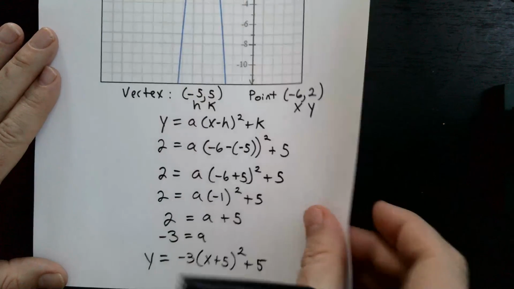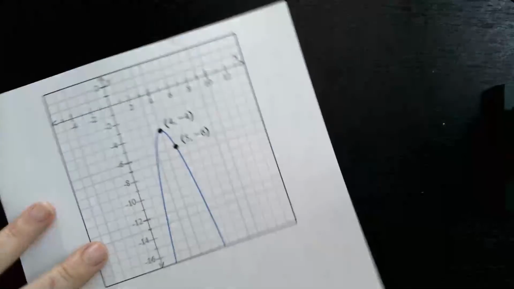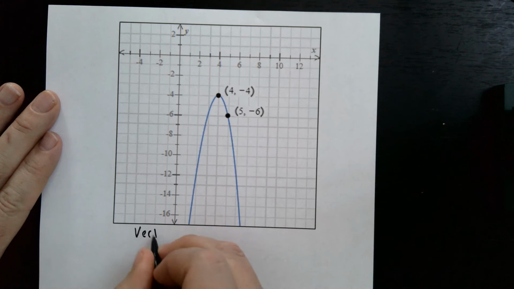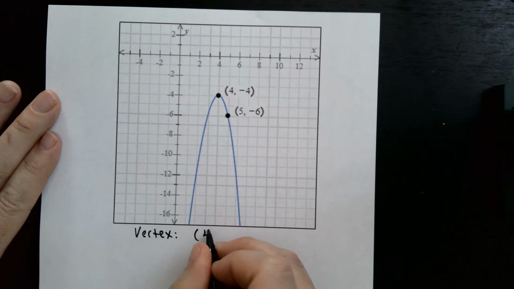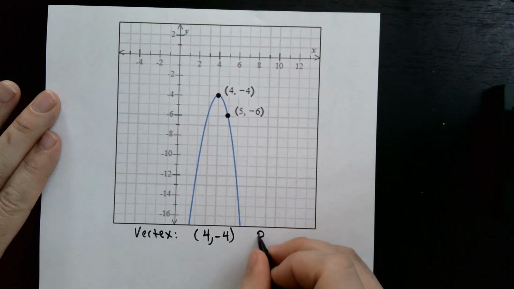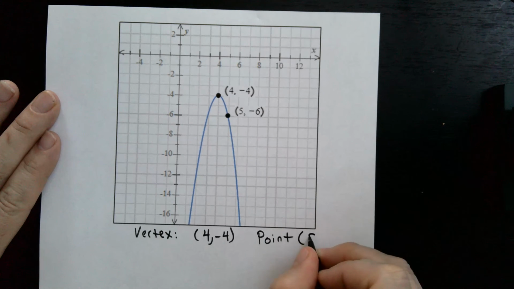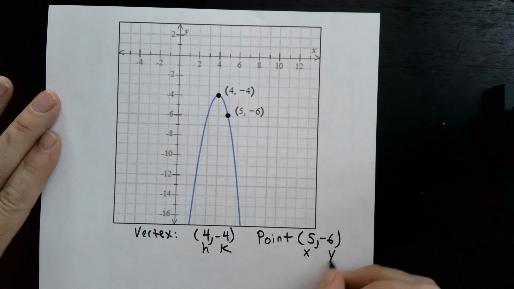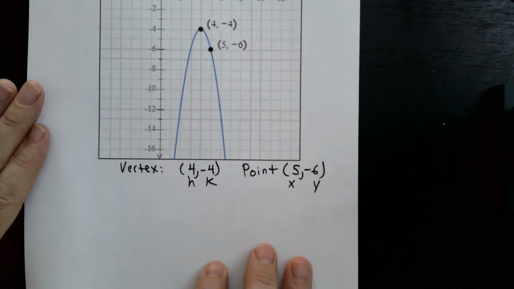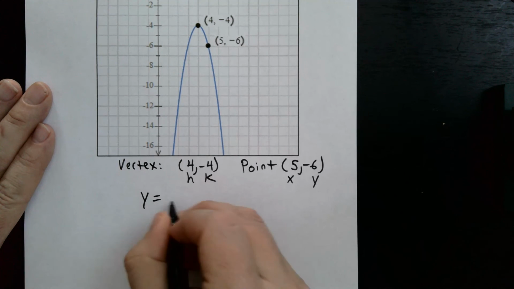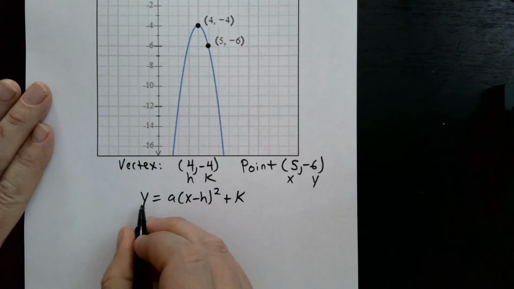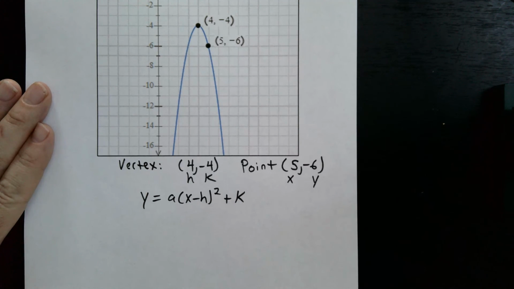Okay, let's do one more. This time I've got a vertex of 4, -4, and I've got a point 5, -6. h, k, x, y. So recall y is equal to a times x minus h squared plus k. I'm going to plug in y, x, h, and k so I can figure out what a is.